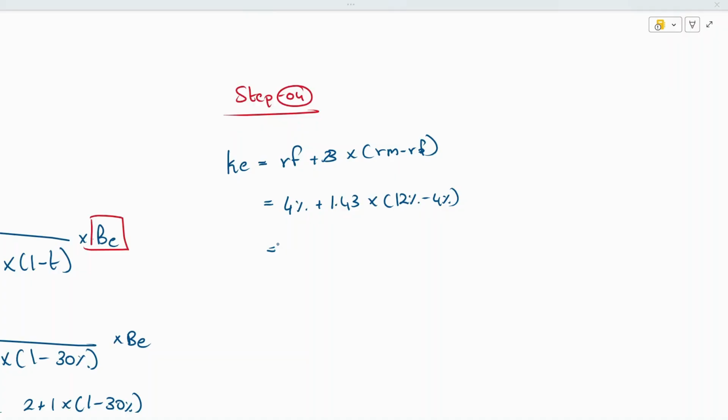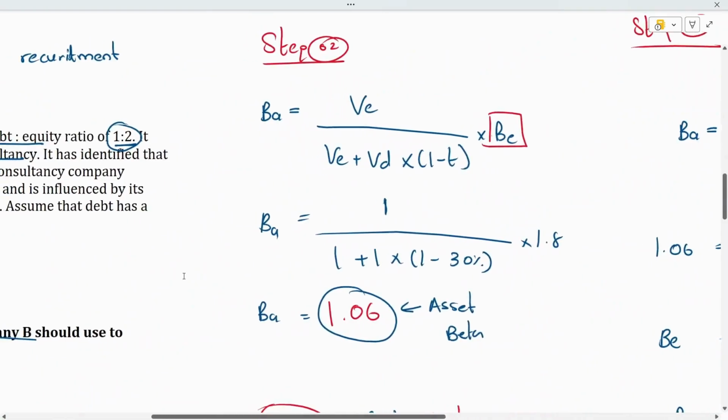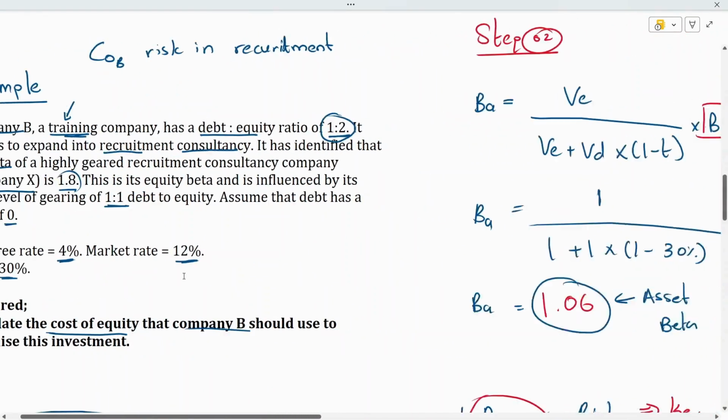Therefore, what is the cost of equity we have to use in appraising the new project? That is 15.44%. So this is the new cost of equity, the cost of equity to use to appraise the new project where our company is going to invest in the recruitment consultancy industry.